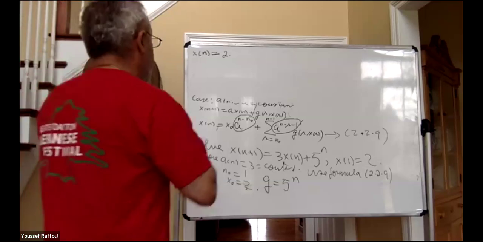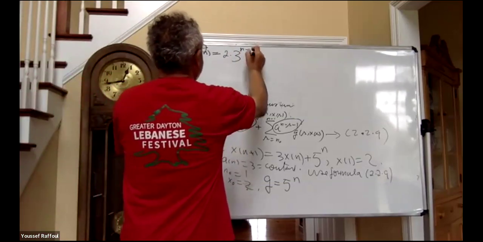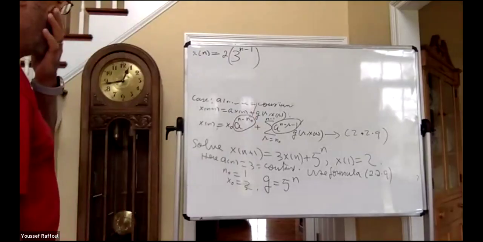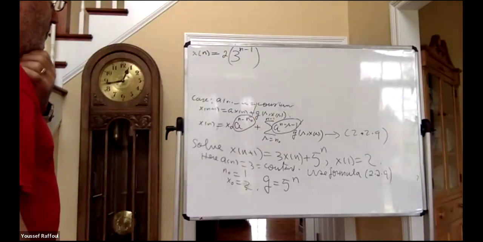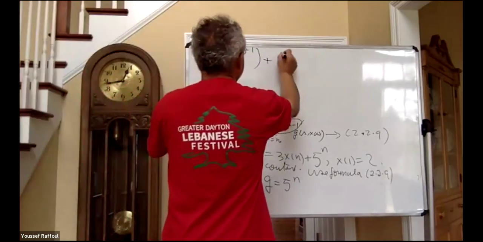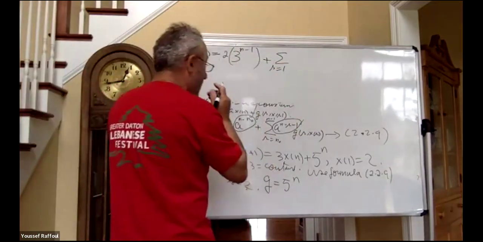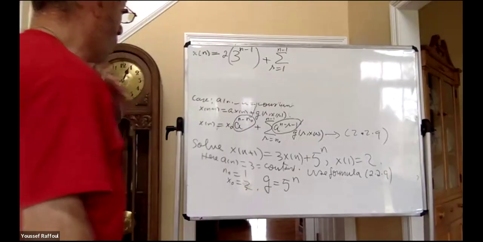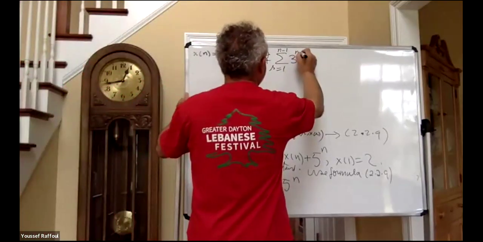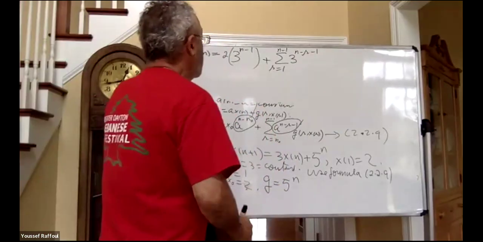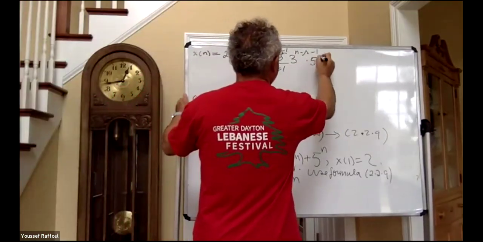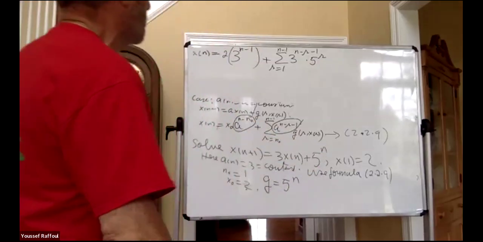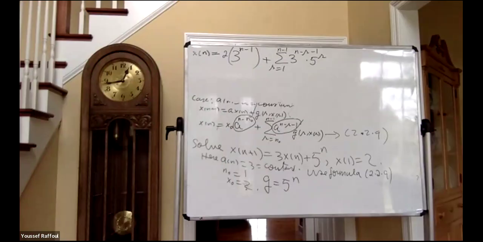A is 3 to power n minus 1, plus r equal 1 to n minus 1, a n minus r minus 1, 3 times n minus r minus 1 times 5 to power r. GRXR, that is 5 to power r. All right.